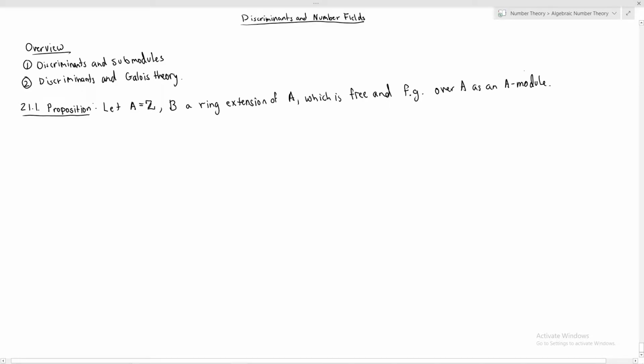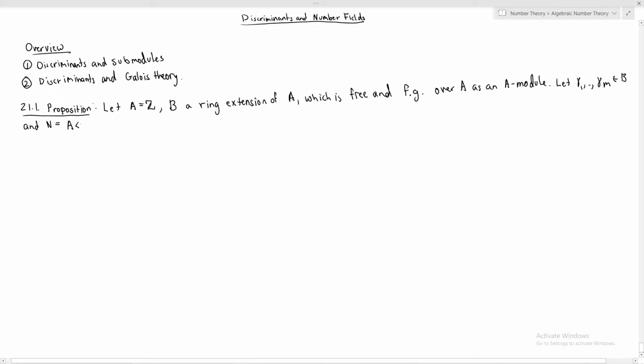Okay, we're going to let gamma 1 through gamma m be elements in B, and let N be the submodule generated by these guys.